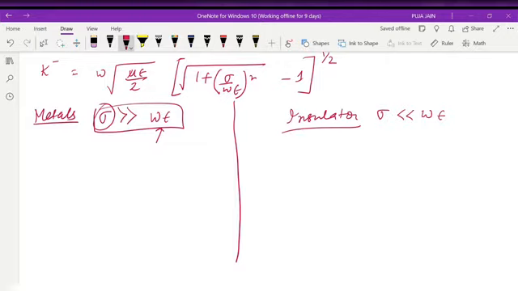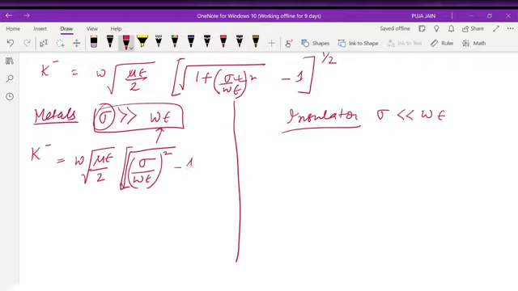Okay, so let's start with metal. Since we know that sigma is much greater than omega epsilon, where omega is the angular frequency and epsilon is the permittivity of the medium or of the free space, whatever is mentioned in the question. Now kappa minus, for this case, that is for metal, can be written as omega root mu epsilon by 2. Now here, if sigma is much greater than omega epsilon, then 1 plus sigma by omega epsilon square, I can eliminate this 1 from here.